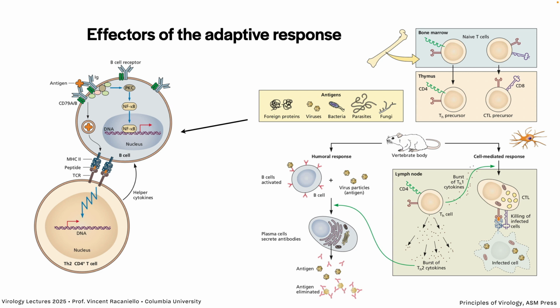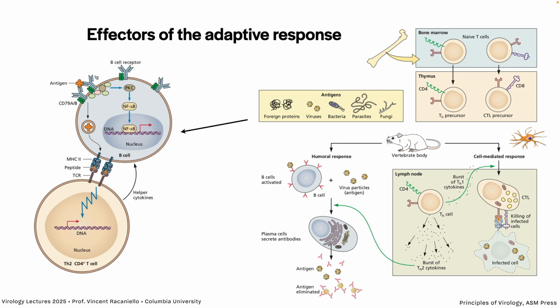It makes cytokines of various types, two general classes, Th1 and Th2 cytokines. The Th1 cytokines help the CD8 cells, the precursors, to mature into cytotoxic T lymphocytes, which will go on to kill infected cells. We'll take a look at that in more detail. So Th1 cytokines produced by CD4s allow for the maturation of CTLs.